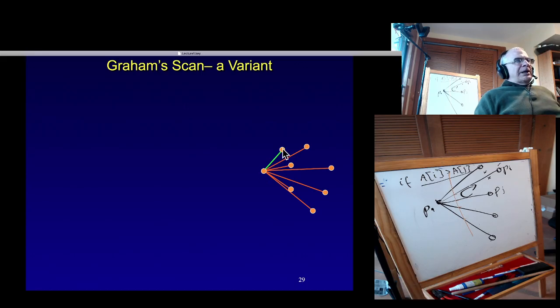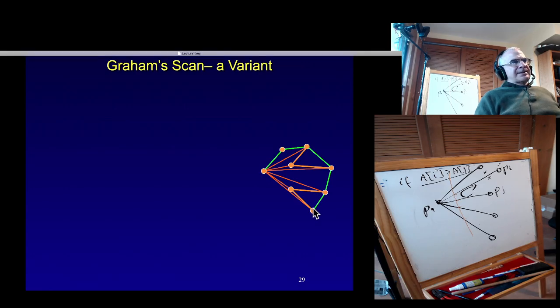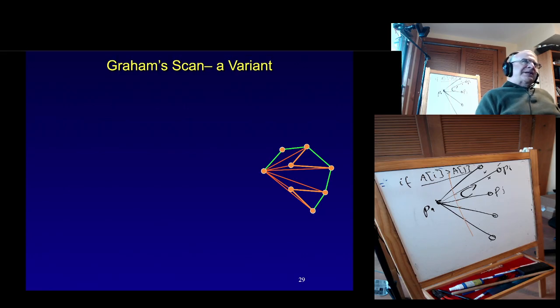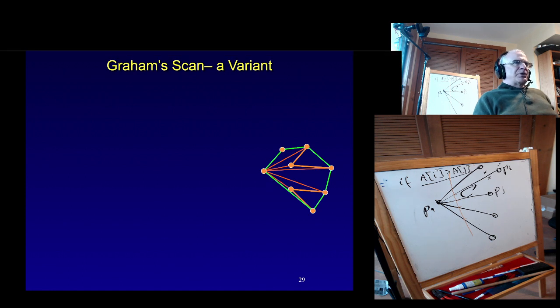The leftmost one we'll see first, then second, third, fourth, and from now on you are just continuing the very same algorithm, just left turn or right turn, and figuring out that the first segment and the last segment must be in the convex hull as well. So it's just another version of Graham scan that might be easier or harder depending on how your input is arranged. It's just important to start from the leftmost point.